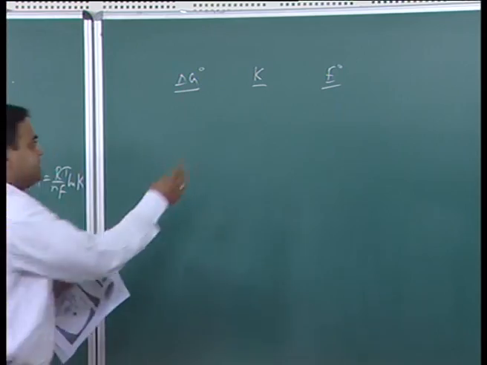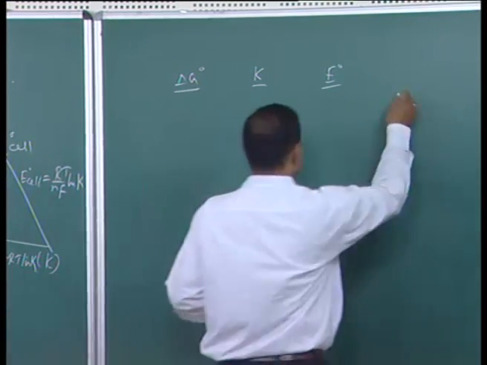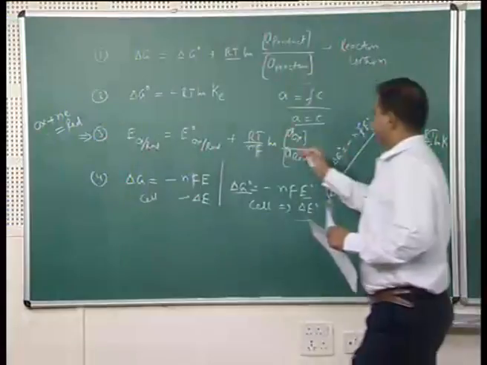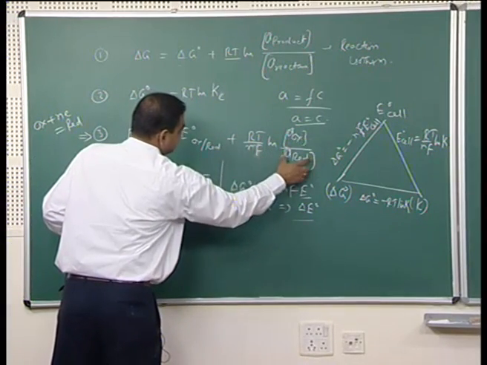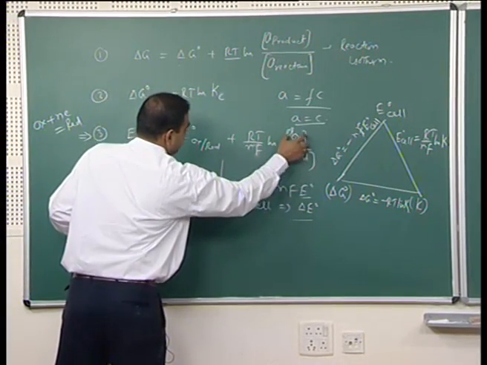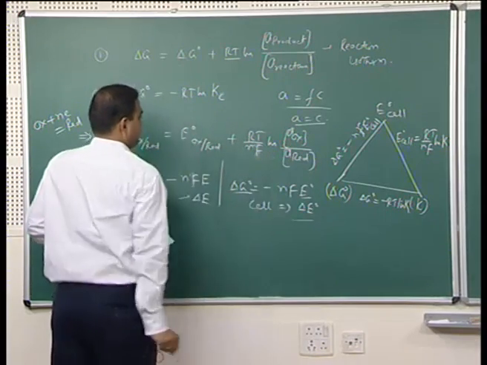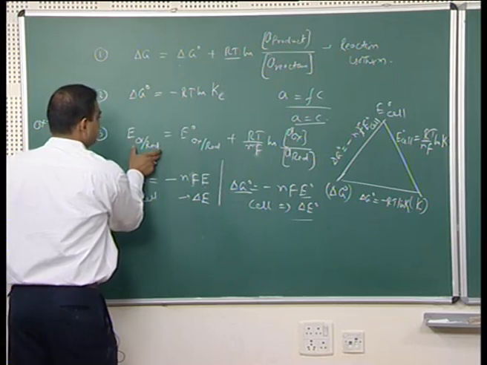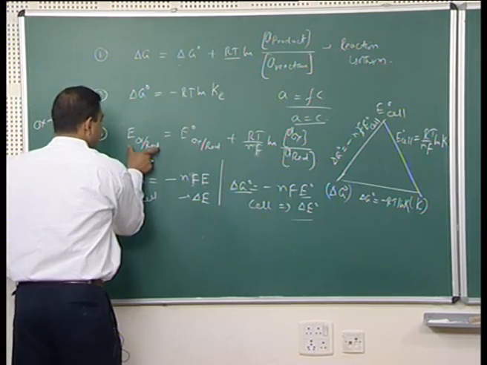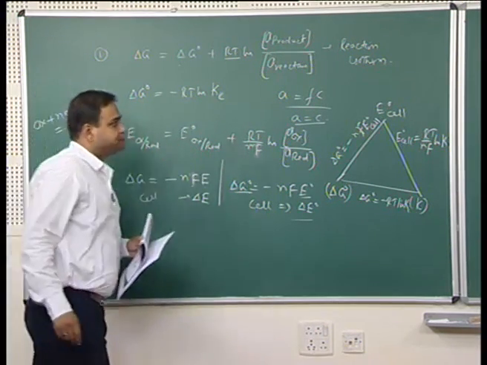In that case E would be equal to E0, because we are considering this relation. If you consider this relation, when the activities of the oxidant and reductant are 1, then the reduction potential of the electrode would be equal to E0.